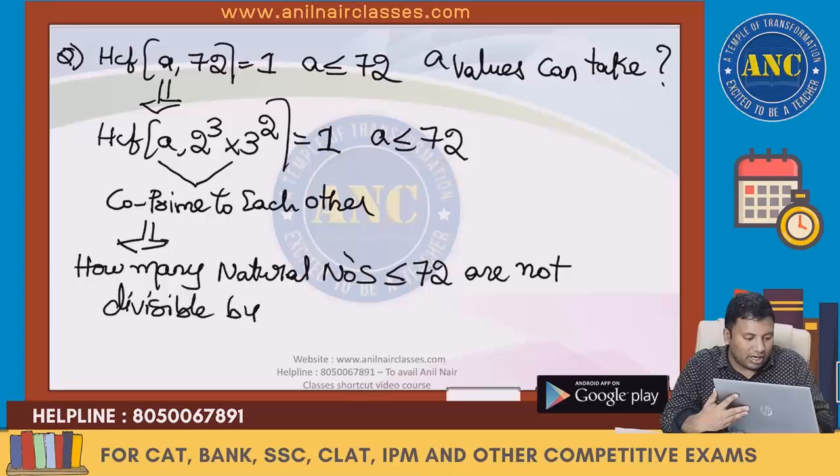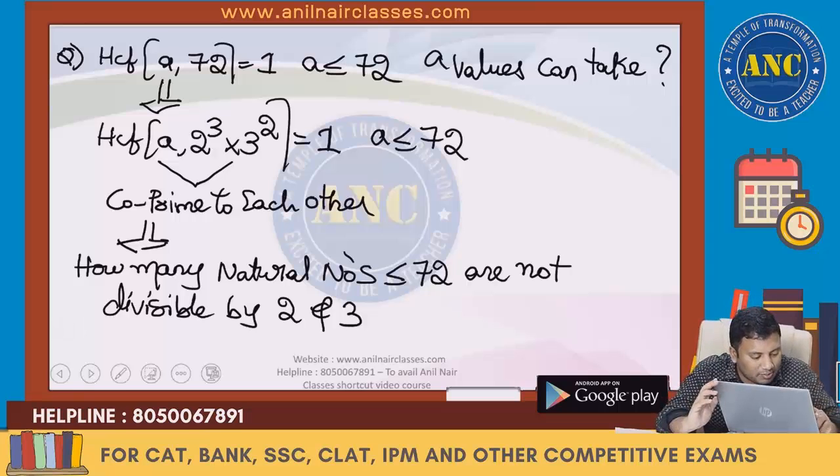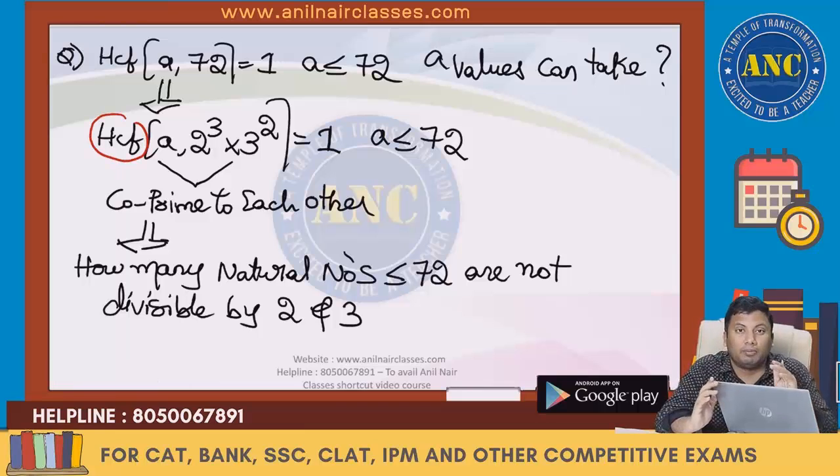Can I also write the statement like this? Why did the statement become like this? Because the HCF of these two numbers is 1.